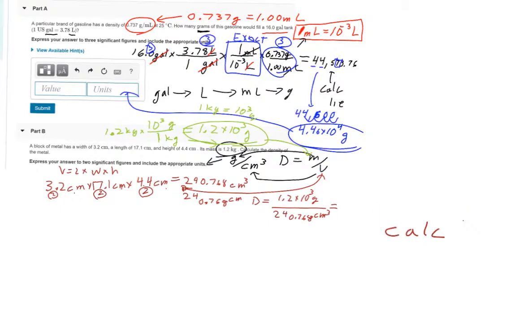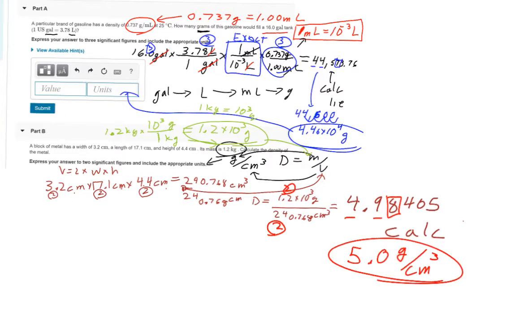Somewhere along the line I hit a wrong button in the calculator. 4.98405 is our calculator lie. Sig figs, we've got 2 there, 2 up there. So 1, 2, round on the basis of that. And that gives us 5.0 grams per cubic centimeter. Chemistry's easy, life is hard. Beep.